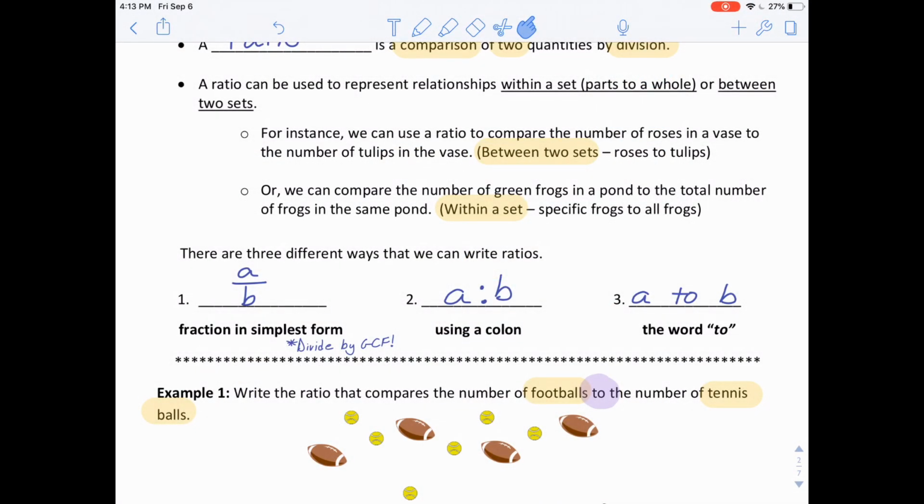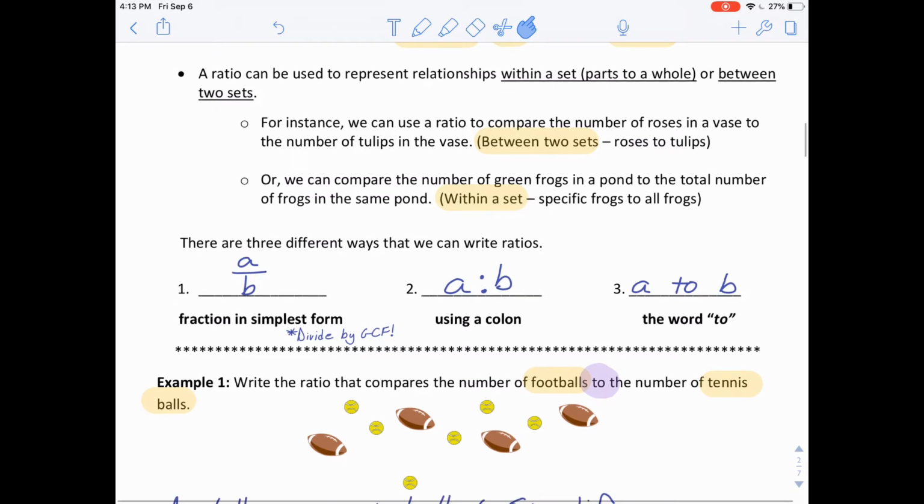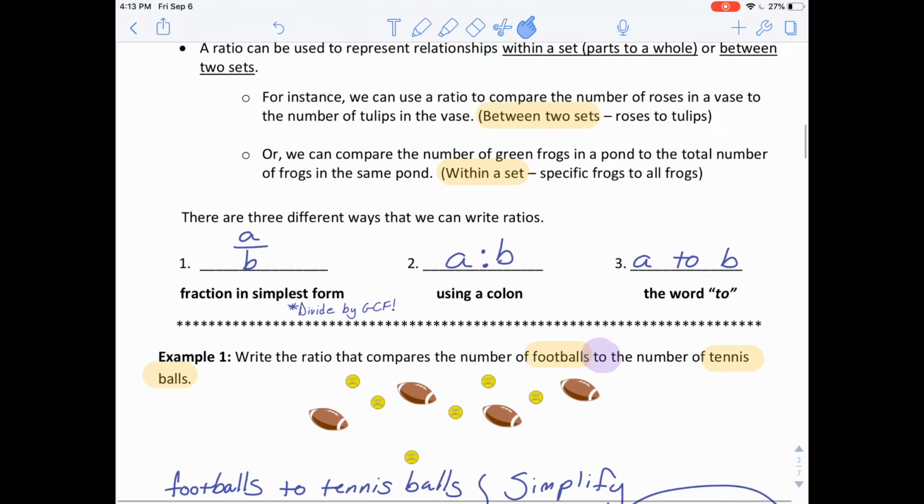Now let's try an example. Write the ratio that compares the number of footballs to the number of tennis balls. Our word problem gives us some hints about how we are going to set up our ratio. Usually it will have whatever quantity A is before a keyword like "to," and then quantity B will come after. And the same thing happens here. So I would take my number of footballs and set it to my number of tennis balls.